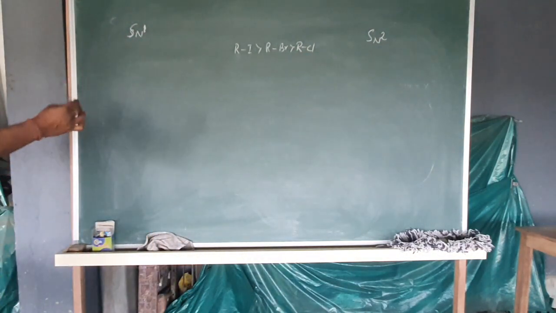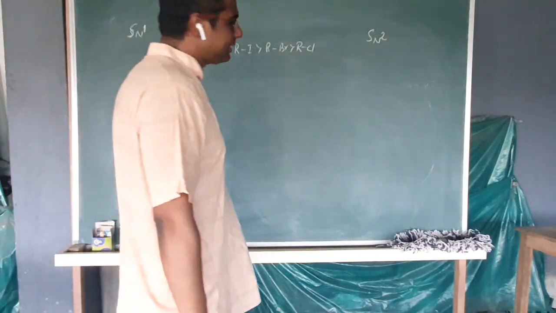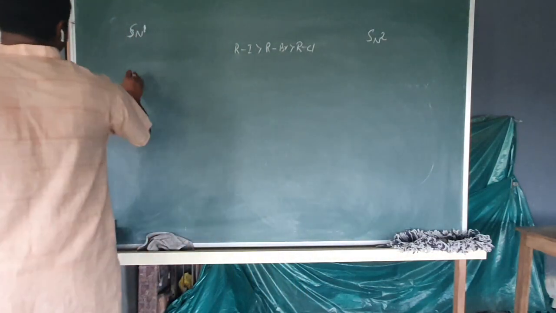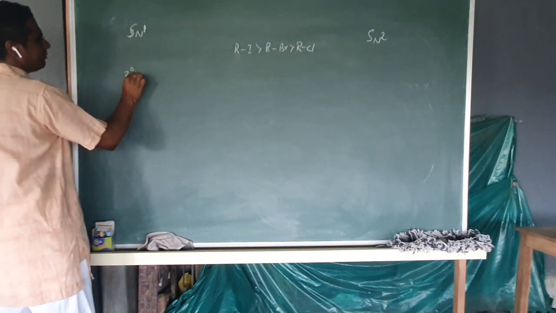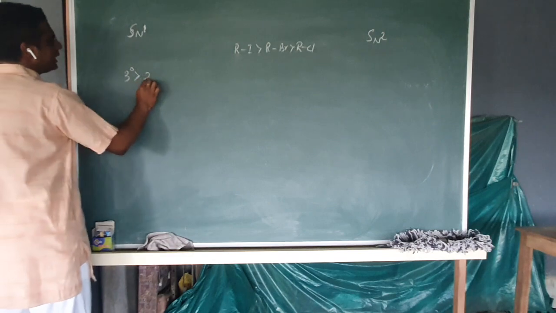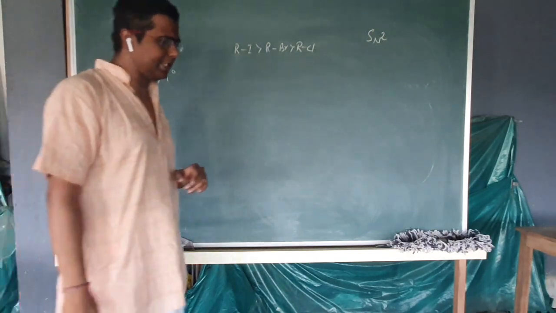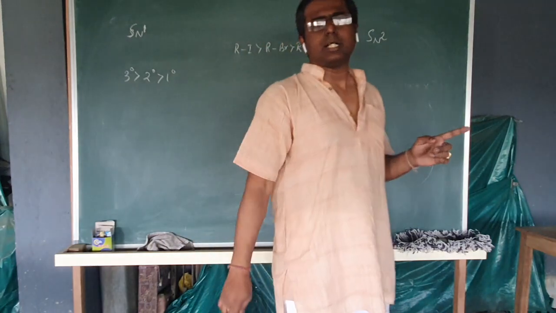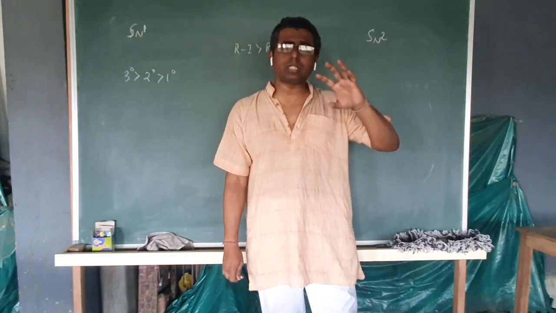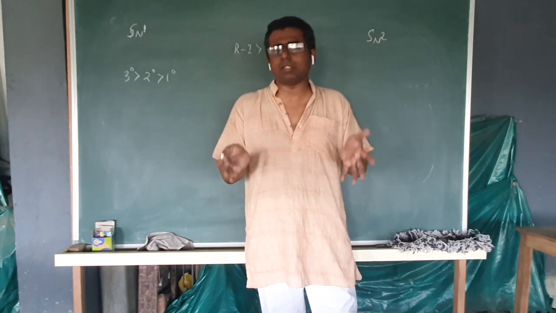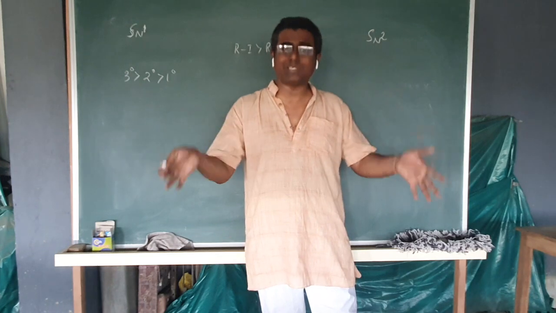So this reactivity order doesn't change. Next is, what about the type of halides? In case of SN1, 3 degree will be more than 2 degree, more than 1 degree. Why? Because in case of SN1, a carbocation is formed, and obviously the total reaction depends on the stability of the carbocation, because there is a carbocation formed, and that is very important, and that is the slowest step.